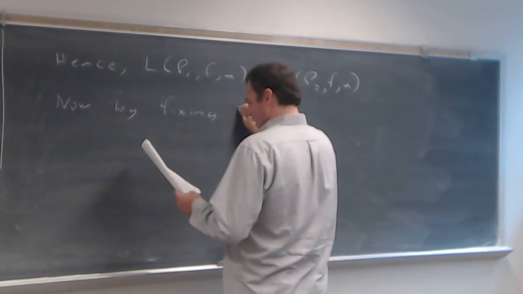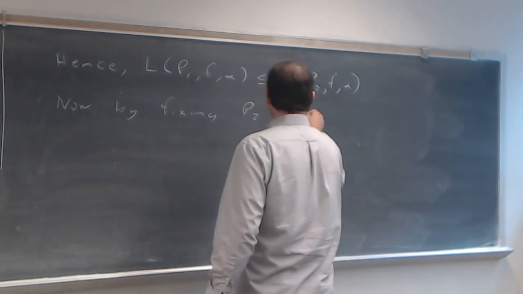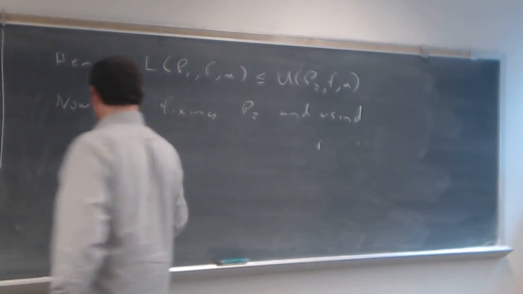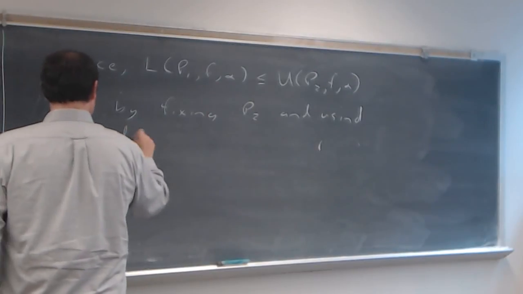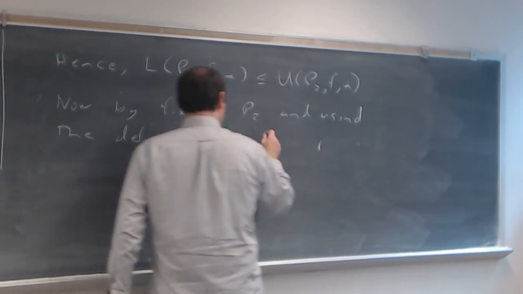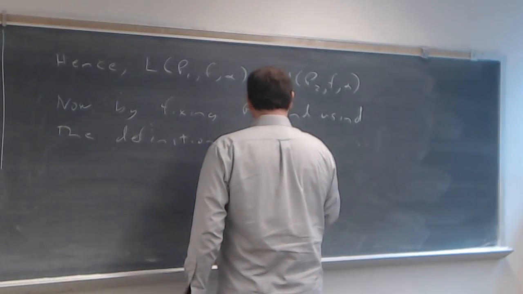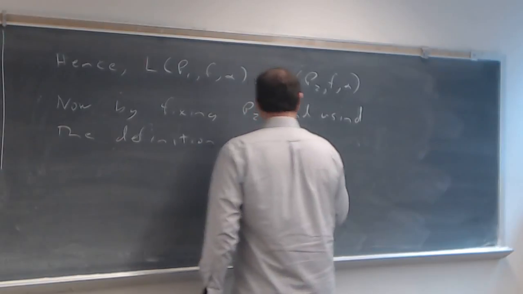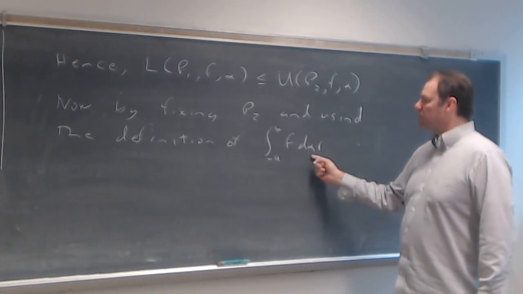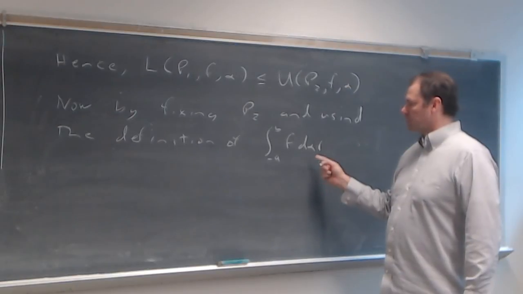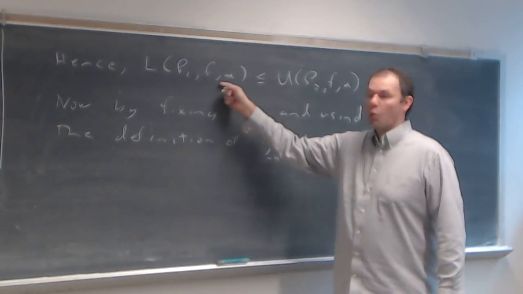let's say P sub 2, and using the definition of the lower Riemann-Stieltjes integral. Okay, what is that definition? This is equal to the supremum over all partitions of the lower sums.